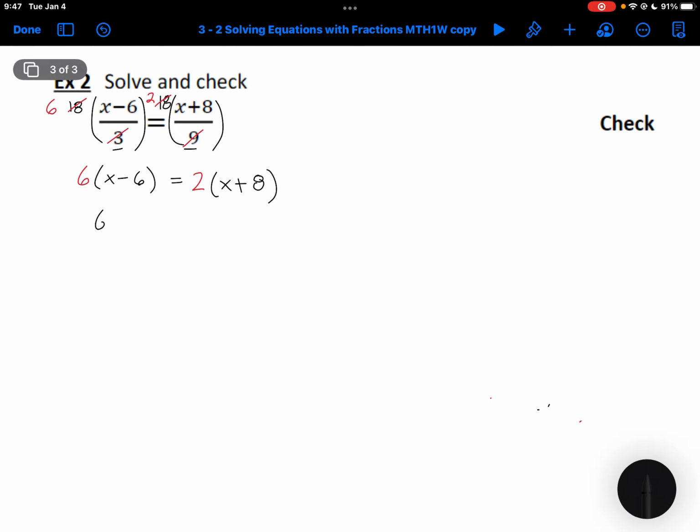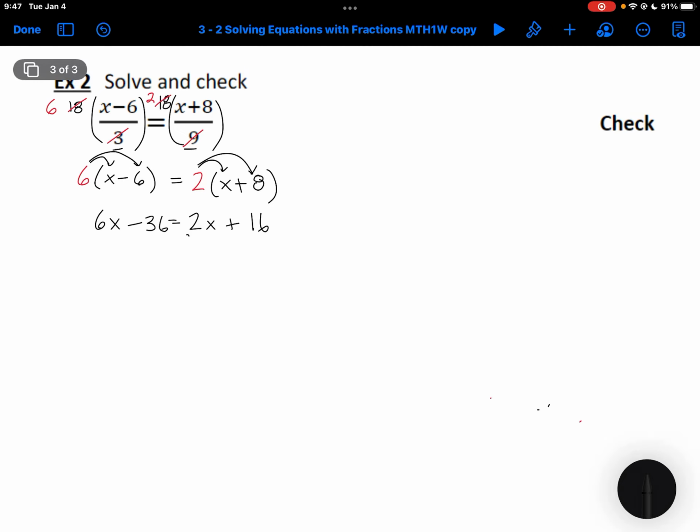When I multiply those out, I'm going to get 6x minus 36. Remembering whatever is outside the brackets gets multiplied by whatever is inside the brackets. On my right-hand side, I've got 2 times x, and then 2 times 8, which is going to give me 16.